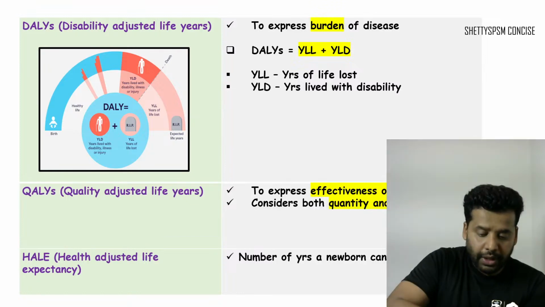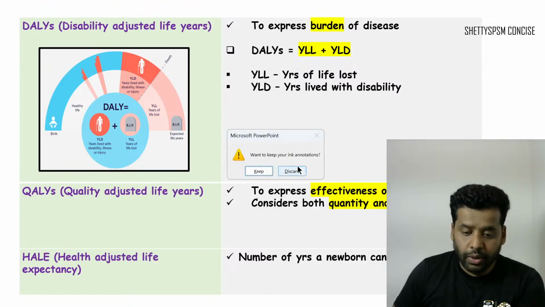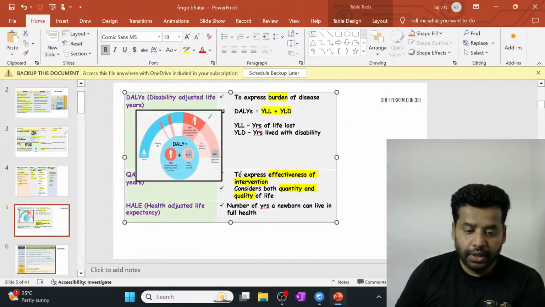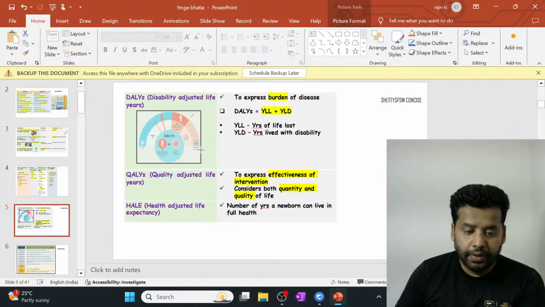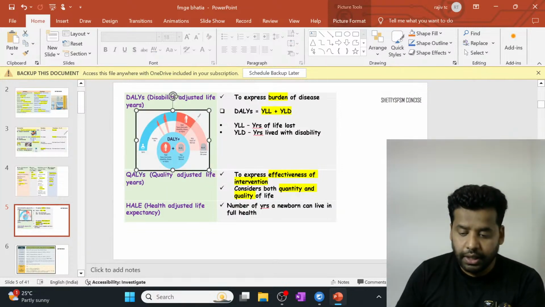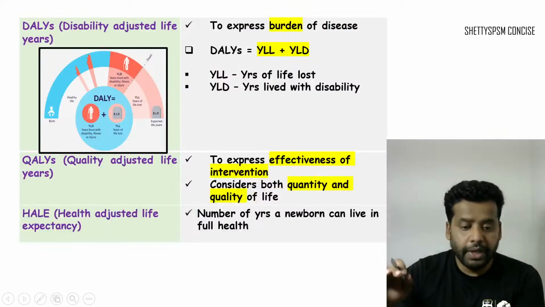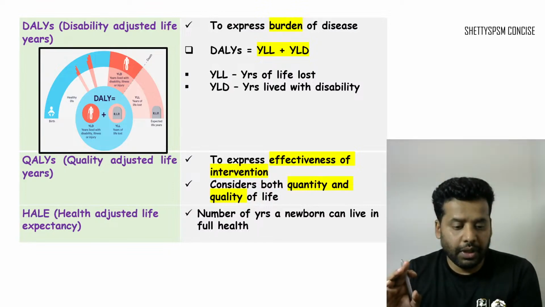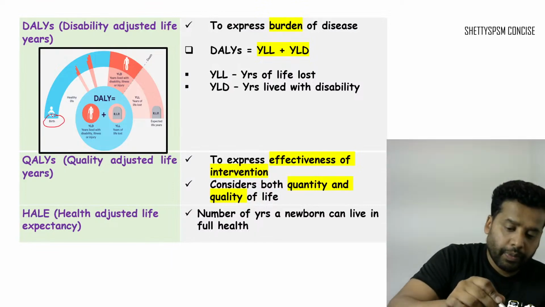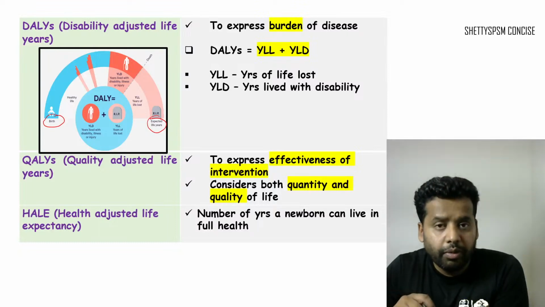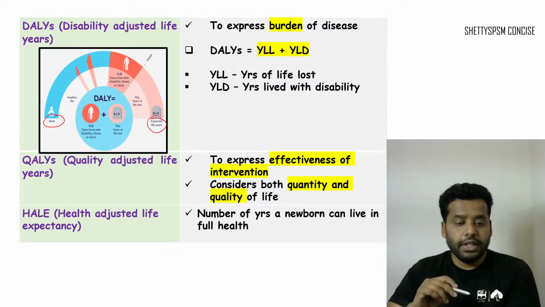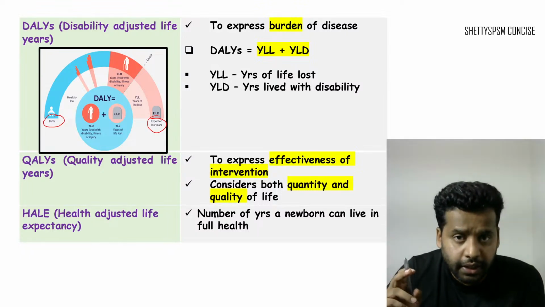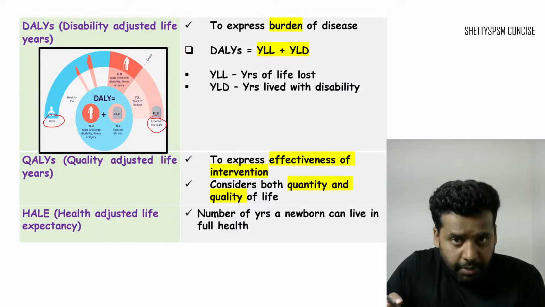Very important point is the difference between the three things when you are calculating. What is the main difference between DALYs, QALYs, and HALE? Just listen to the words properly. Starting from birth till death, if the sequence is like this, that is standard life expectancy.